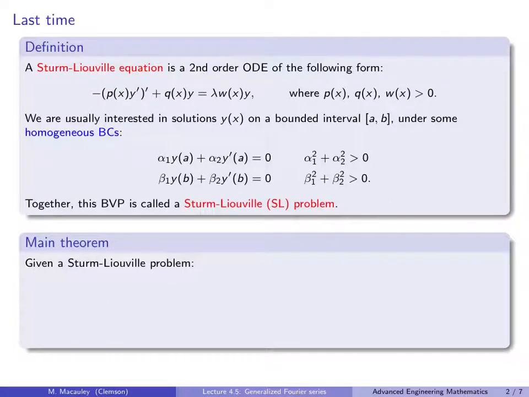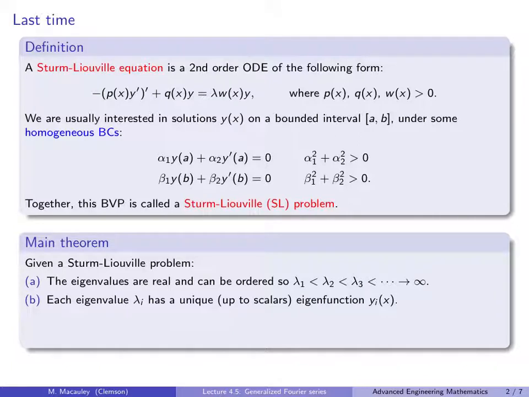Here's the main theorem that we learned last time. Given a Sturm-Liouville problem, the eigenvalues are all real and they can be ordered, so they are increasing and they diverge off to infinity. Secondly, each eigenvalue, lambda i, has a unique, up to scalars, eigenfunction y i.